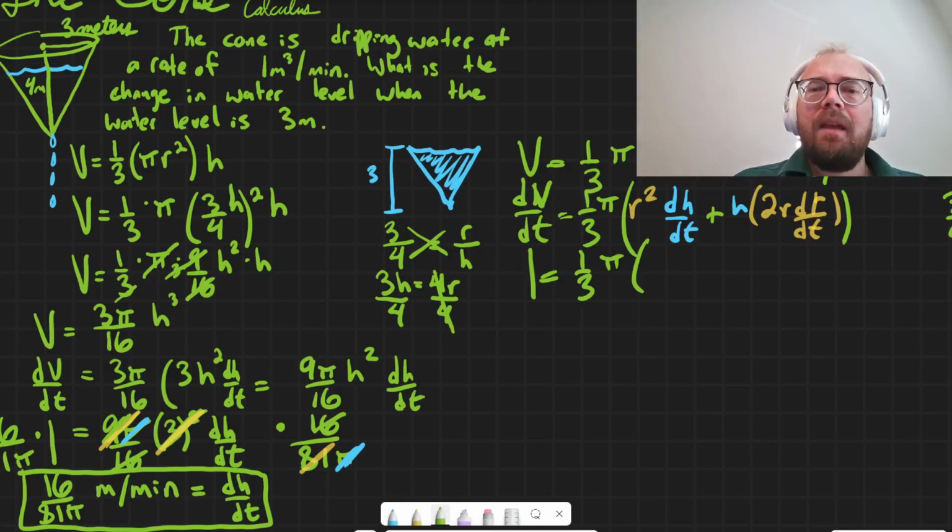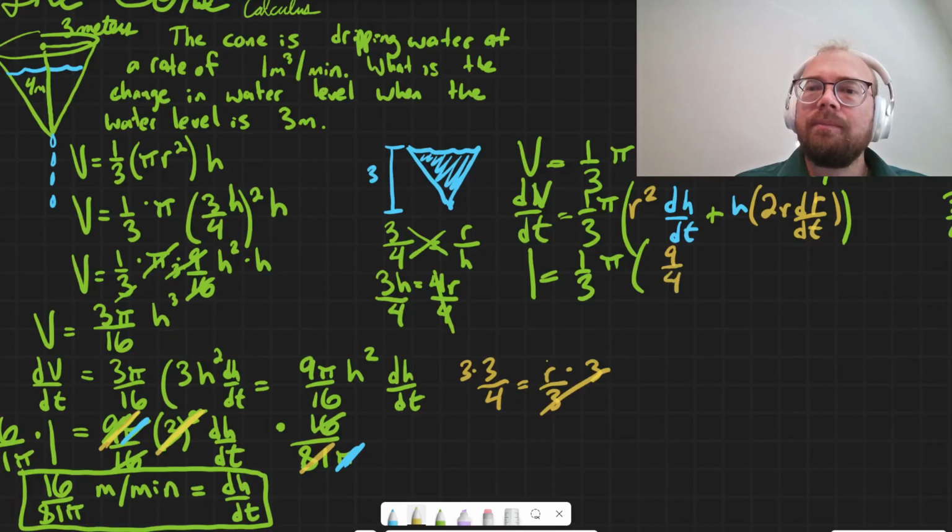So if r is 3 when h is 4, then r would be something when h is 3, and then I could just times both sides by 3. So r would be 9/4. So r is 9/4, and that of course is squared.